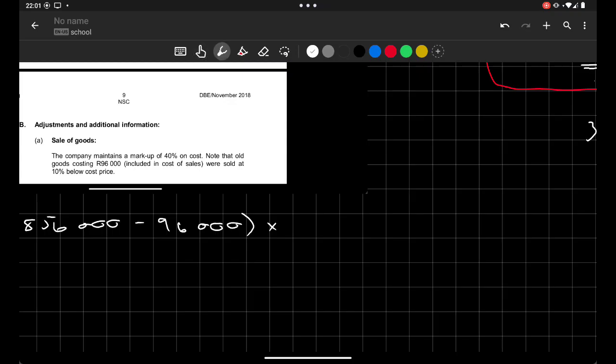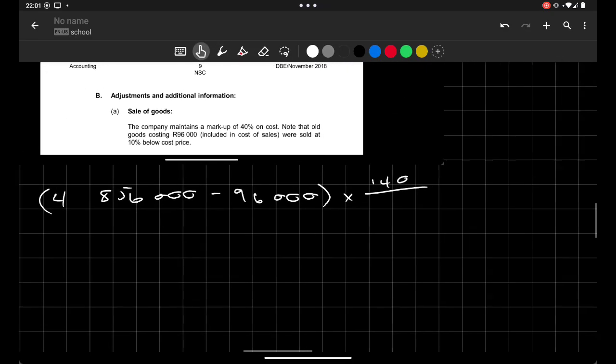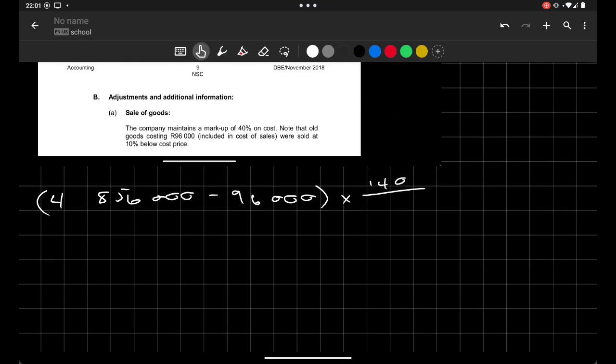So we're going to say multiplied by 100% plus 40%, which gives us 140%, divided by this amount of 4,856,000. What does it represent? Does it represent our sales, cost of sales, or markup? It is our cost of sales, and we know that our cost of sales is at 100%, right? And we're gonna get our answer there.